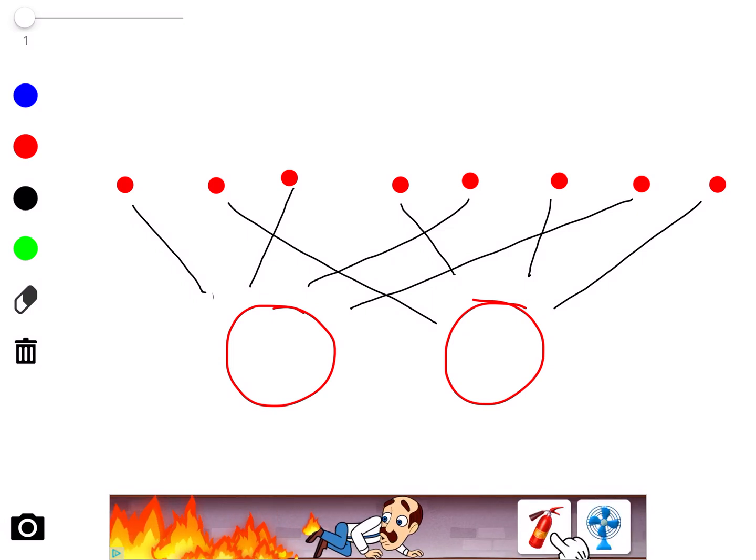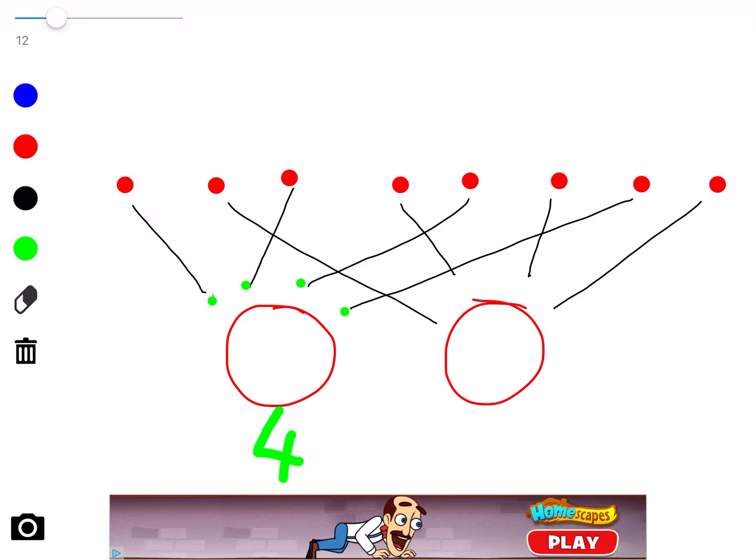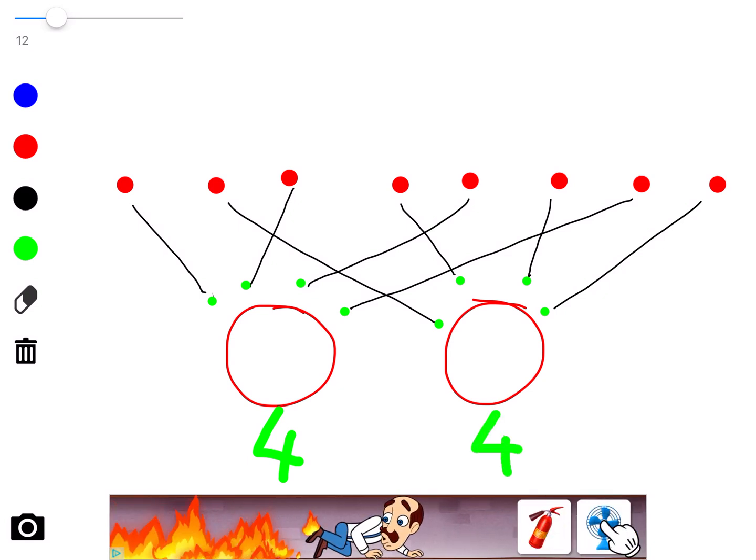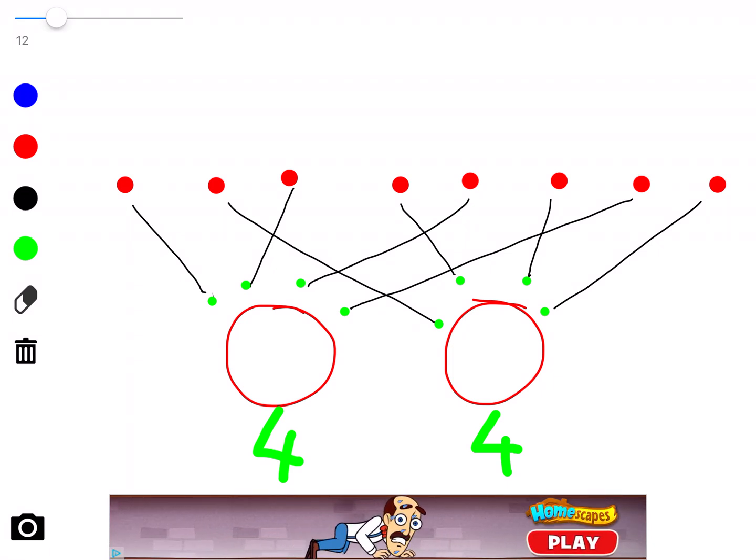And then we count the lines that are on each plate. So we've got 1, 2, 3, 4. So now this plate's got 4 cakes. And 1, 2, 3, 4. This plate has got 4 cakes. So now we can see that by taking it in turns as to where we were putting the cakes, we've ended up with equal plates.